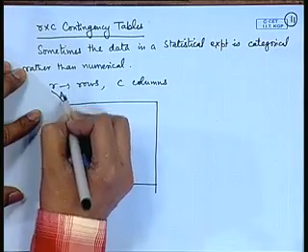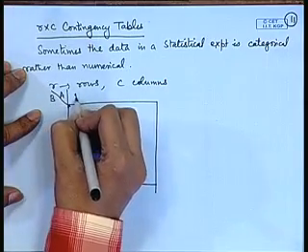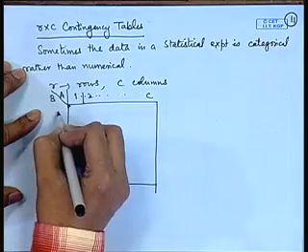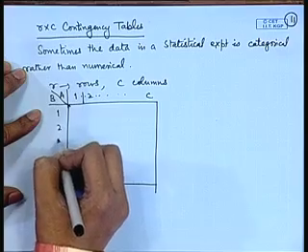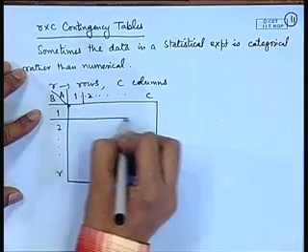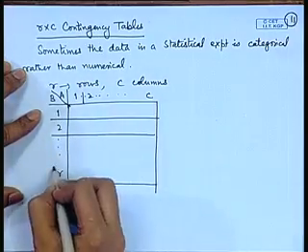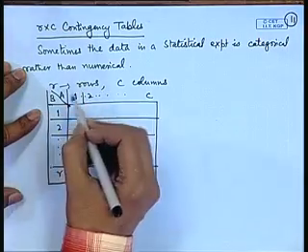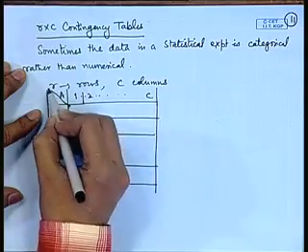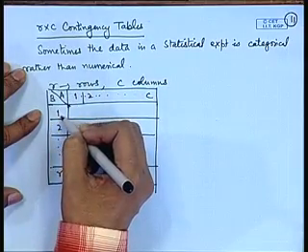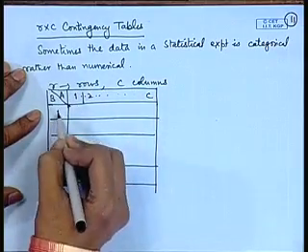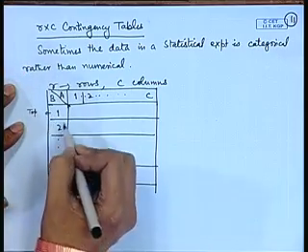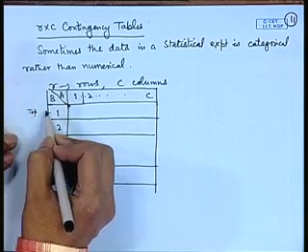So, we have category A, we have category B. This may be 1 to up to C, and here you will have 1 2 up to R. For example, in an organization, people are classified according to their professional hierarchical levels. For example, one may be the top person of the organization, that is say top management.